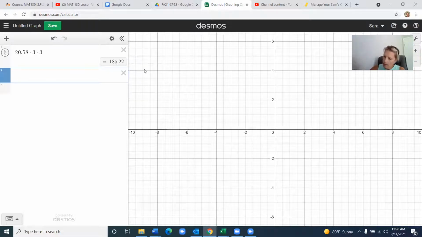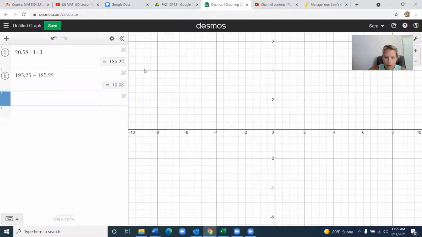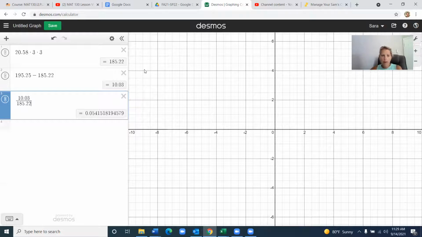So if we did the rounding with the feet rounding to the nearest half foot, that 195.25 minus the actual 185.22, and then we take that 10.03 and divide by the 185.22. That overage is only 5.4%.